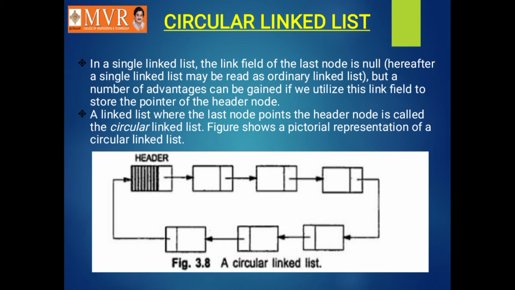It points to the first node in the linked list, and from there we move to the second node and to the third node, and like this we move to the last node. Here the last node already contains the address of the first node. So a circle or a chain has been established. Such a list is known as a circular linked list.